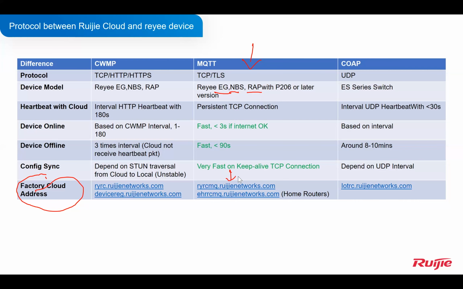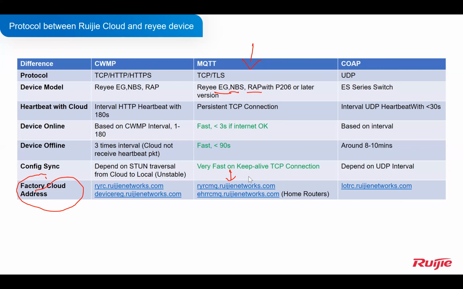If you find the device can't log in to the Reyee Cloud, you can use this URL to test. So first you can ping the internet, such as ping a.a, and you find the network is okay, right? And then you still can't log in to the Reyee Cloud, so you can choose to ping the cloud address.